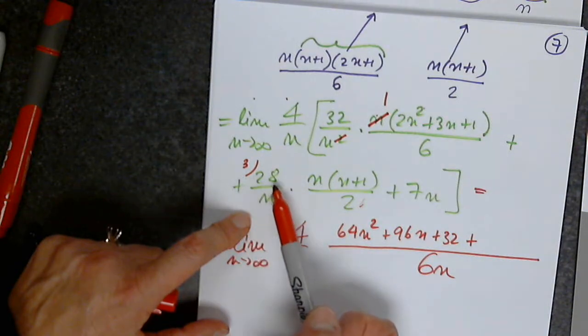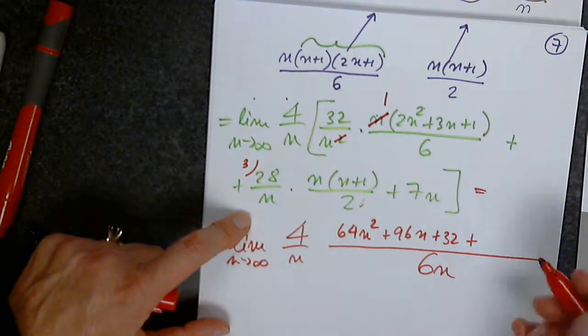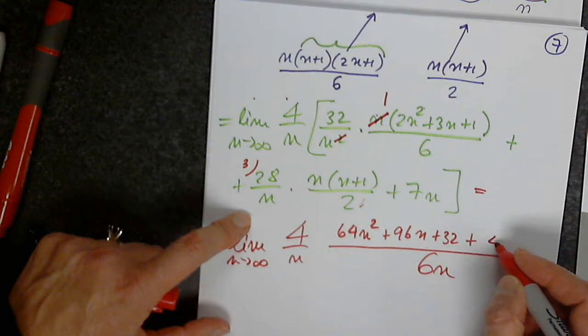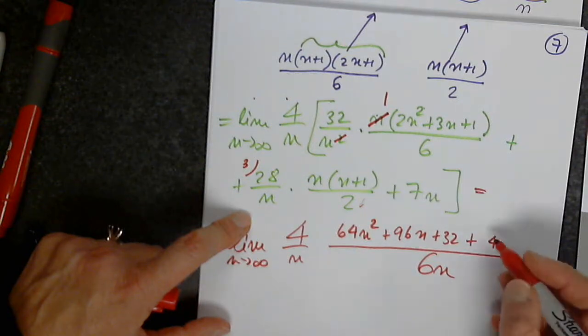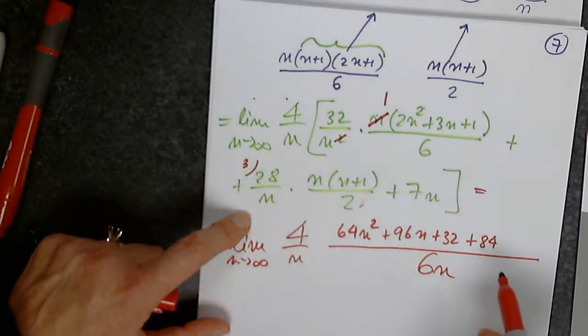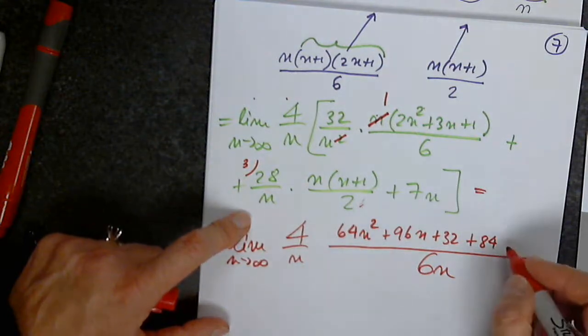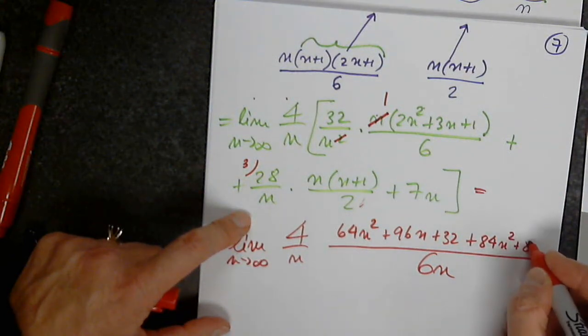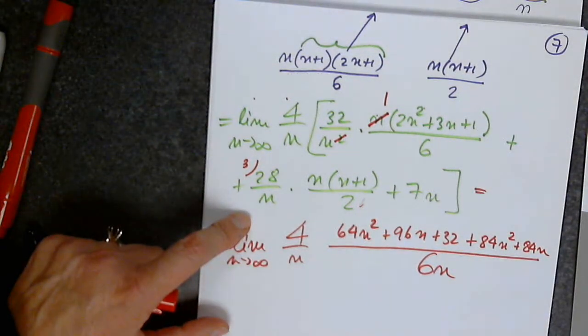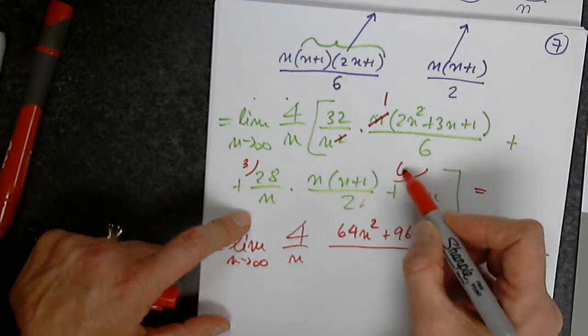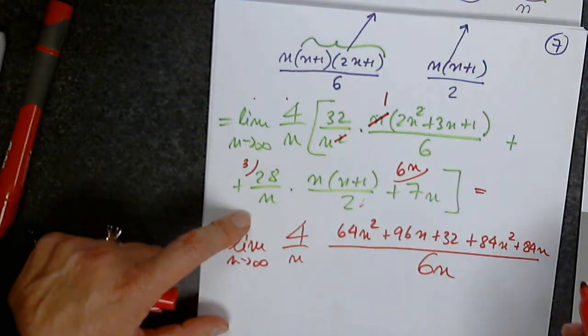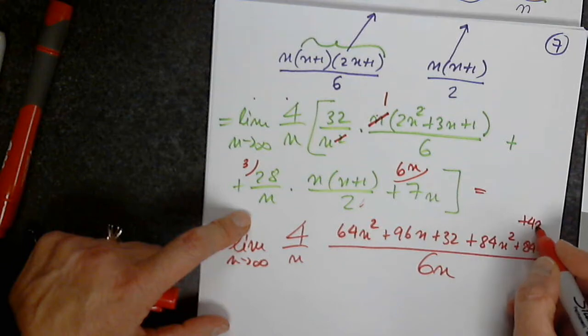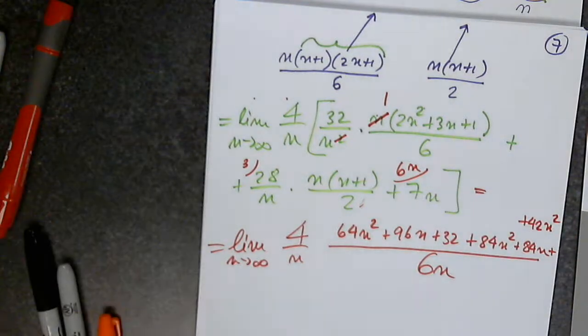So I have, what do I have here? 4, right? And 8. Okay. N squared plus 84n. And finally, I multiply 7n by 6n. And I get plus 42n squared. So now from a sum of 3 fractions, I have 1 fraction.